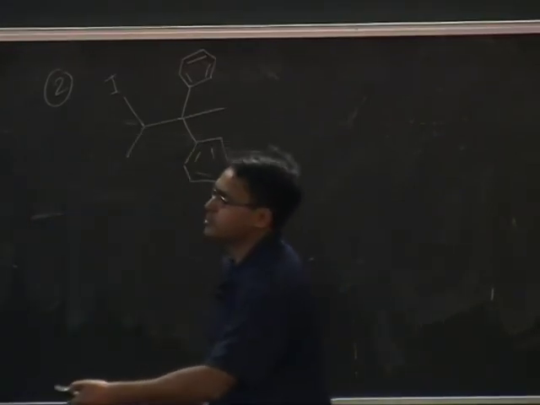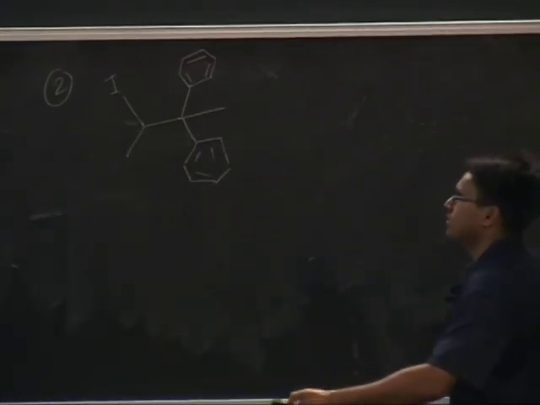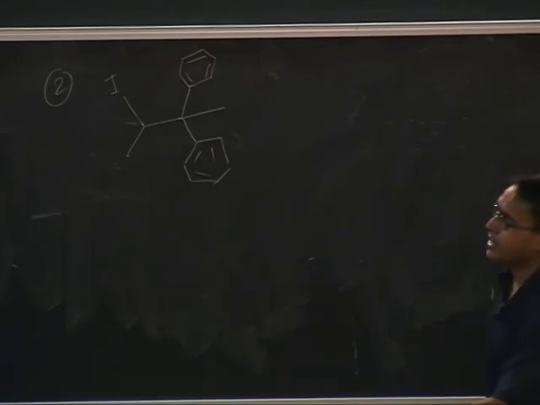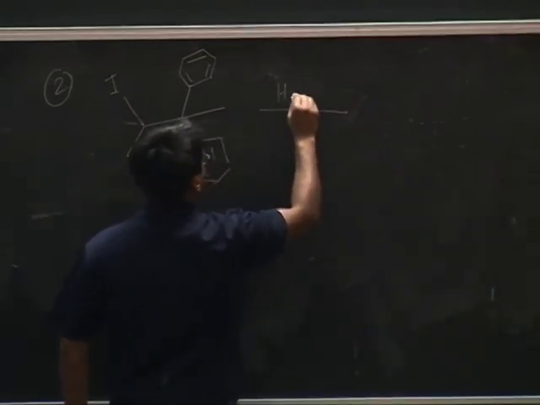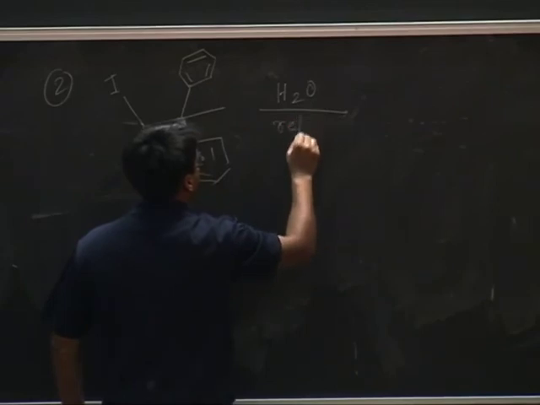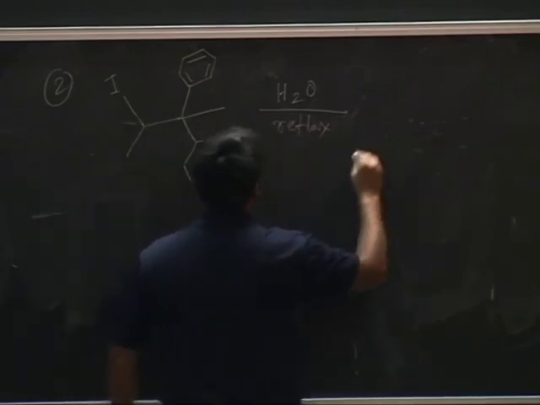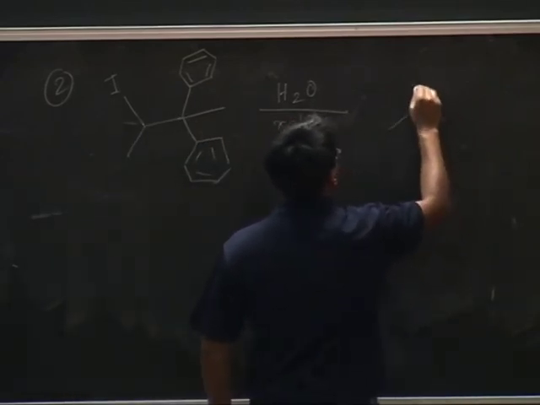How do you know it's a first order? Because it's not a strong base or a strong nucleophile, and it has reflux underneath. So you would generate a carbocation.